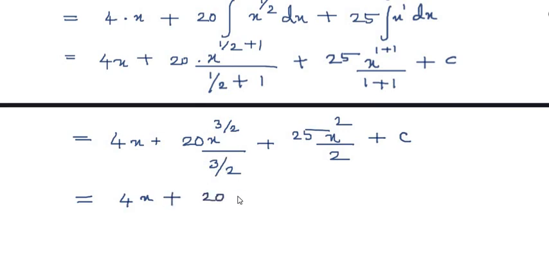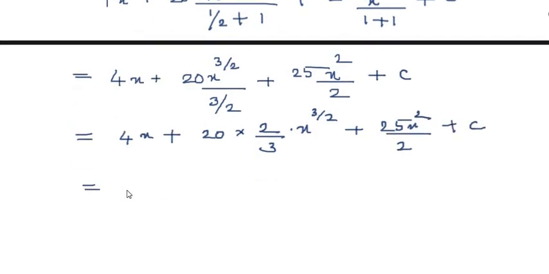The denominator flips and comes to the top, and it becomes 2 over 3 times x to the power of 3 over 2 plus 25x squared over 2 plus c. So one last step: 4x plus 40 over 3, x to the power of 3 over 2, plus 25x squared over 2 plus c.